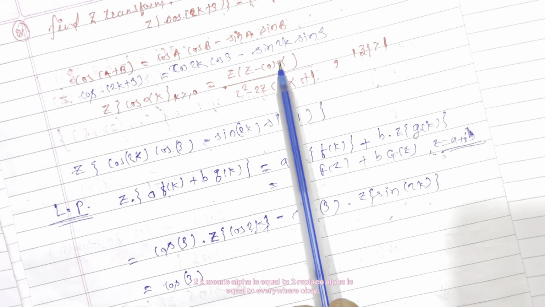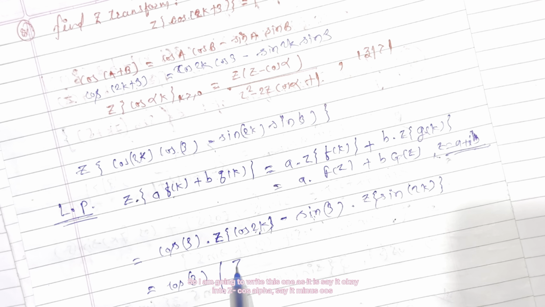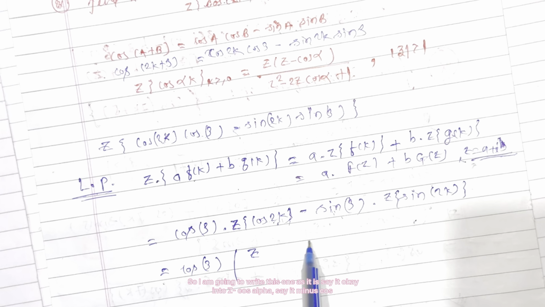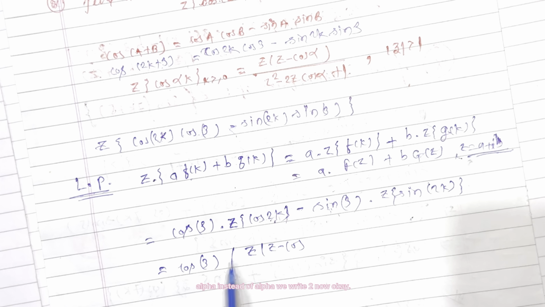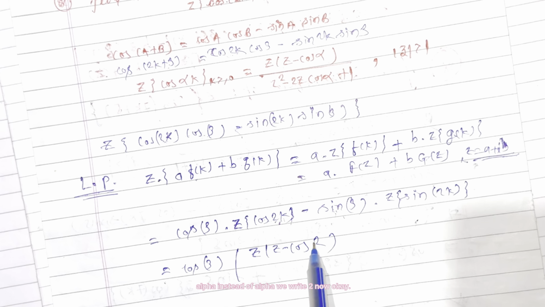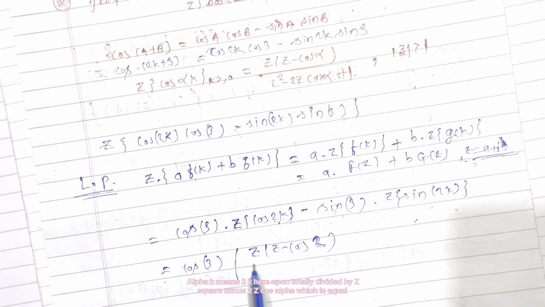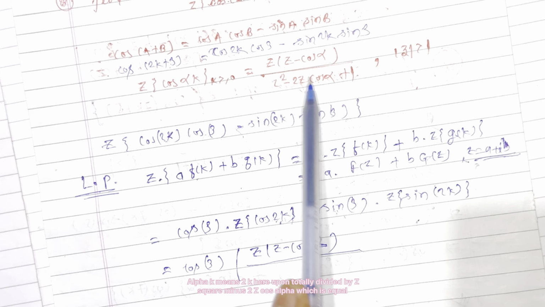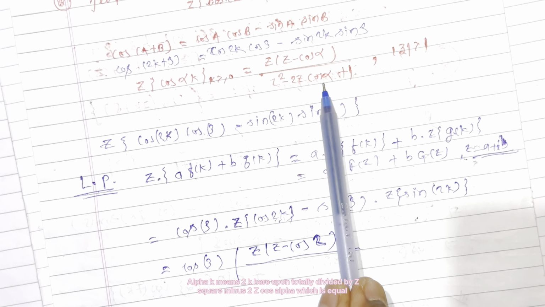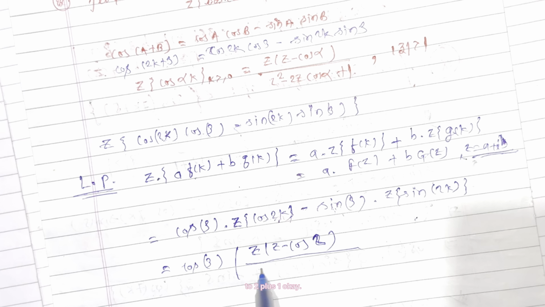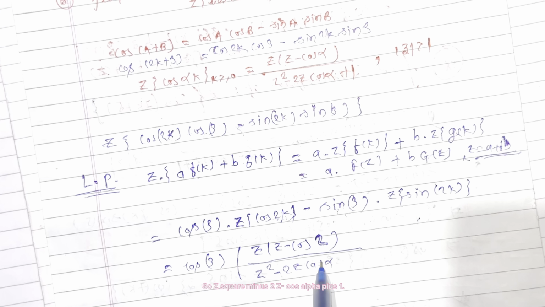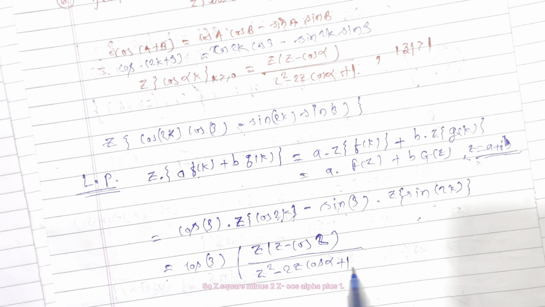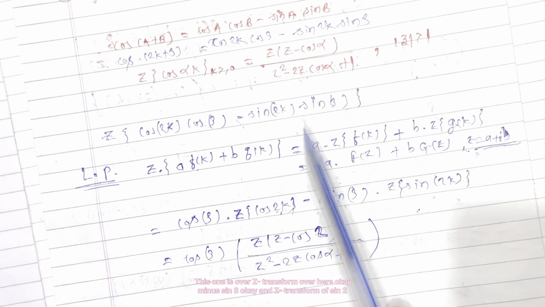Replace alpha with 2 everywhere, so we get z into z minus cos 2, upon z square minus 2z cos 2 plus 1. This one is our z transform over here.